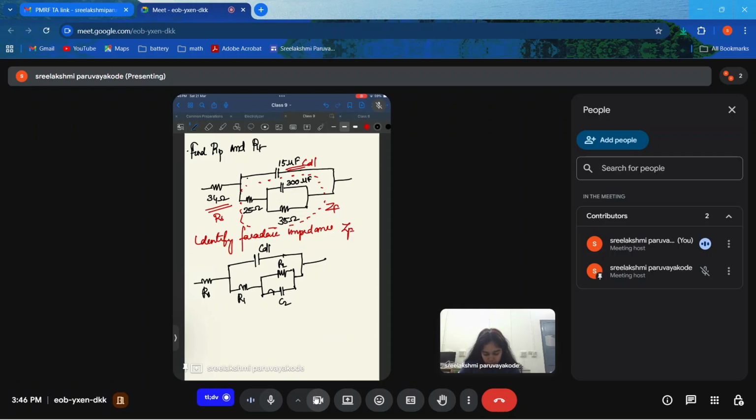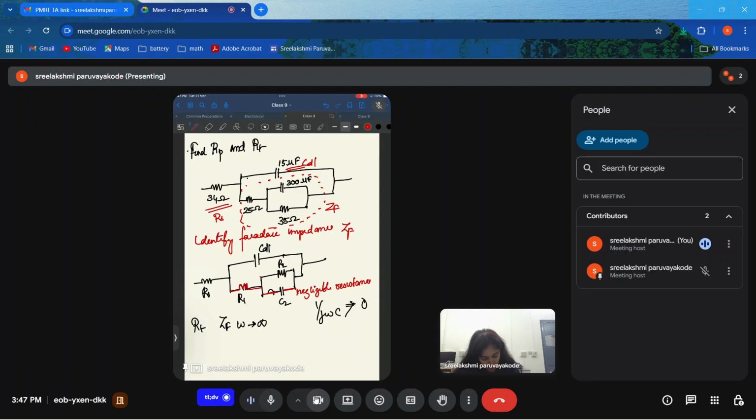Now how to approach this question. First let's go for RT, which is ZF when omega tends to infinity. When omega tends to infinity, we know 1 by j omega C tends to 0. So that means this part will offer negligible resistance. When that happens, the current can go like this, and it has two options.